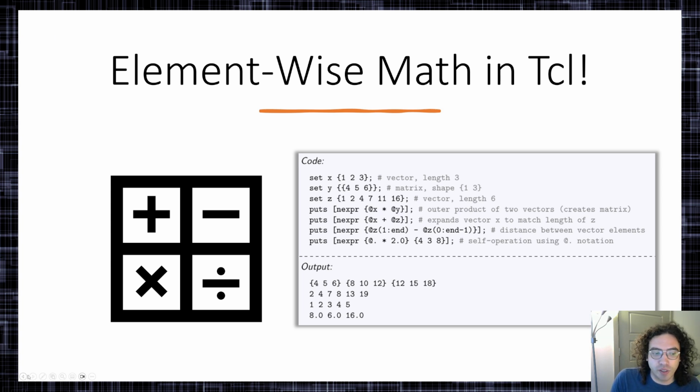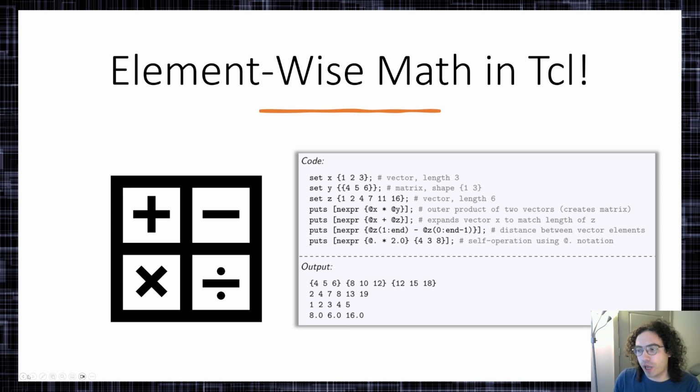By default, there's the expr command in Tcl, which does scalars. But then the ndlist command provides the nextpr command, which allows you to do element-wise operations on vectors, matrices, 3D tensors, doesn't matter, by referring to that tensor or whatever with the @ symbol. If you do that, then you get an output of a tensor.